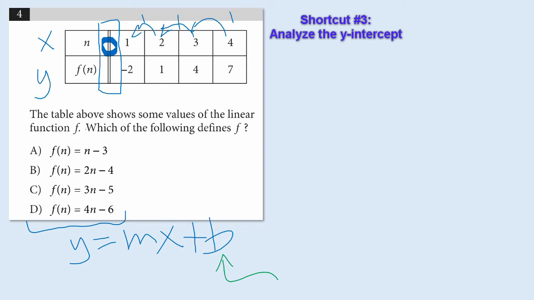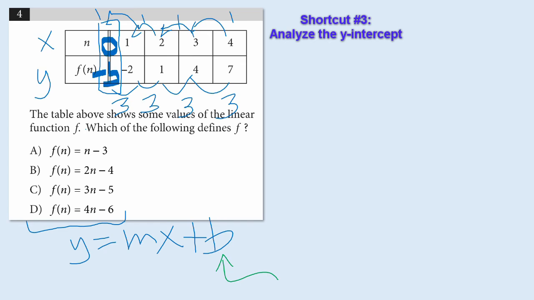Similarly, the difference between each of the values in the bottom row, or the y value, is 3. The y value is going to be 3 less than negative 2. So what would that be? That would be negative 5, right? So that holds the pattern.